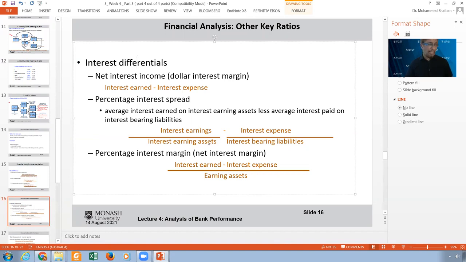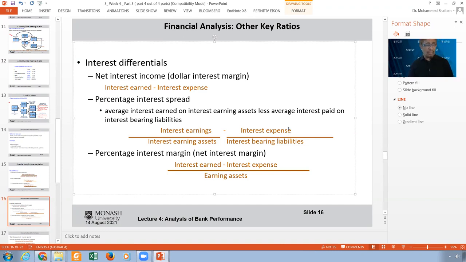Any assets that bring us an income, we call earning assets. So all those fixed assets and other assets are not earning assets, so we don't bring them here. So we want to know how much interest we are earning on our investments, either in loans or in trading. This is what we mean by interest earning assets, which means how we are doing in our investment and loan policies.